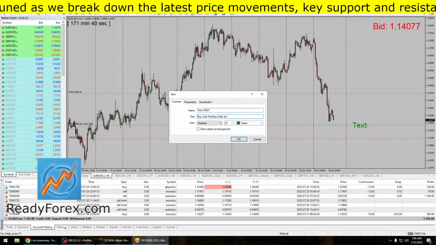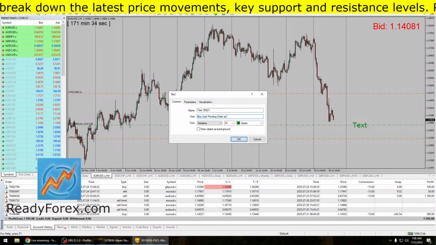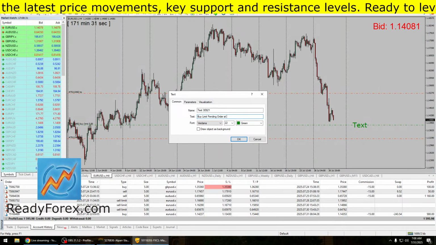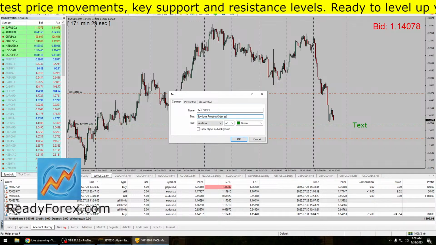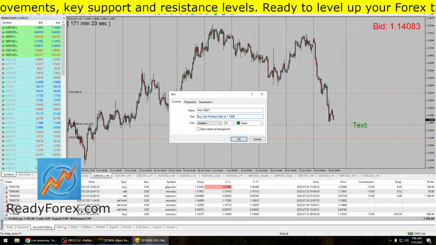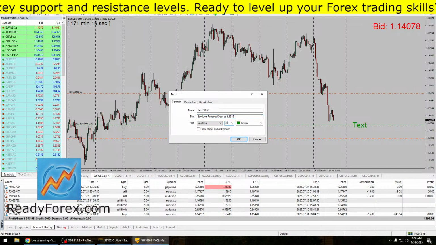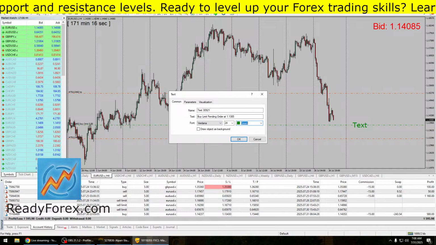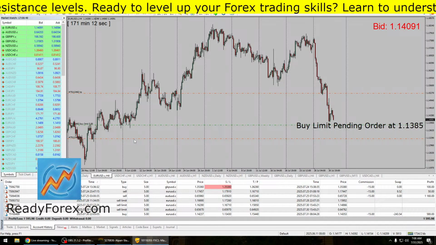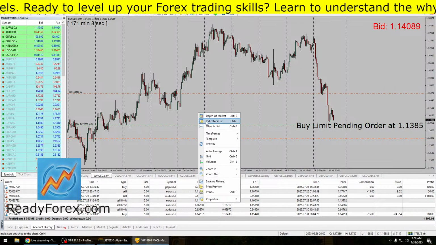Okay, buy limit pending order. Let me tell you what the level is. The level that is set up is 1.1385, and hopefully price action is going to hit this level.